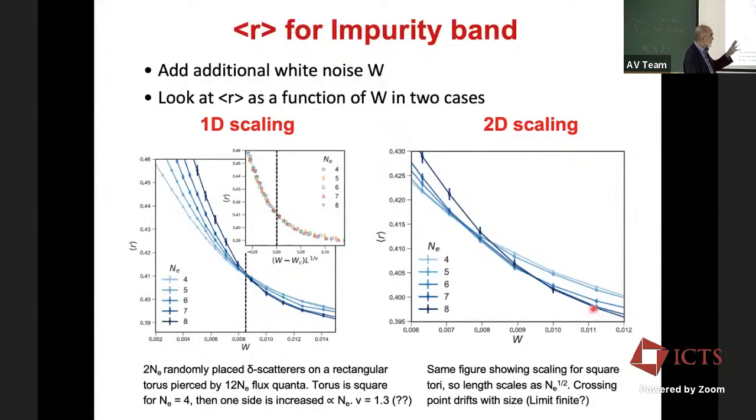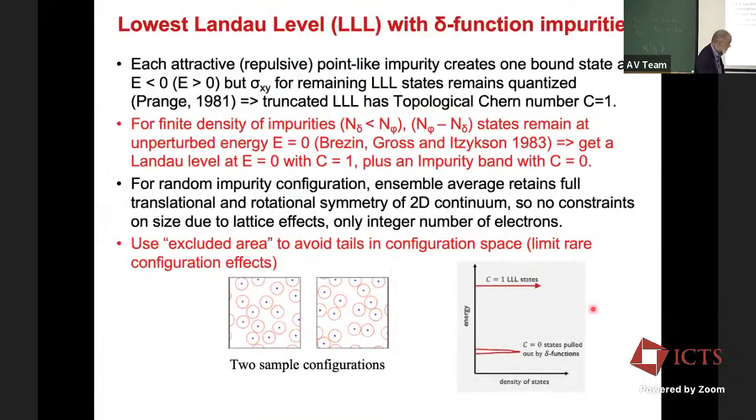Yeah. Because if you try to pinch off too many states, then what happens is that the bandwidth of this will start tailing into the Landau level. I see. You cannot control that with the strength of the delta function. No, because that just sets a scale. That's all. Because the size of the wave function also depends on that.